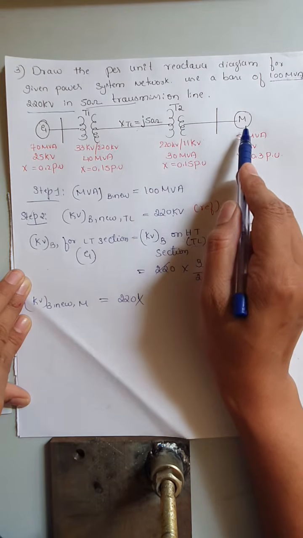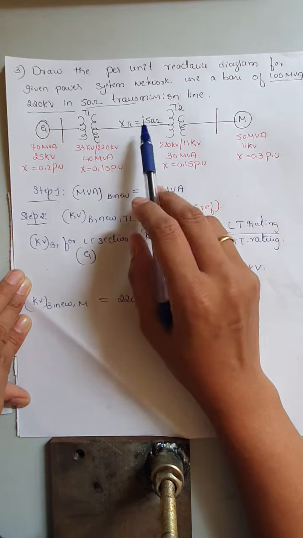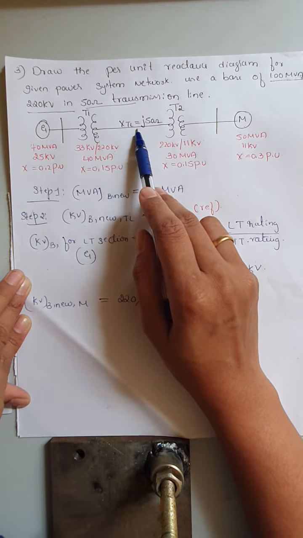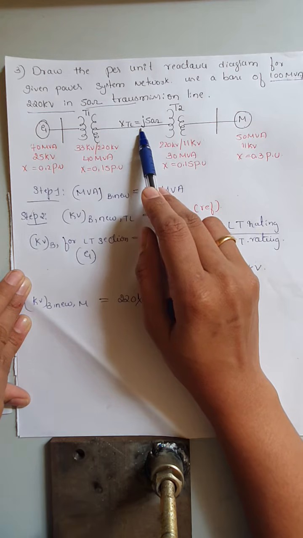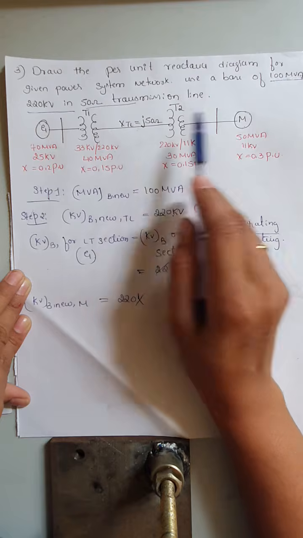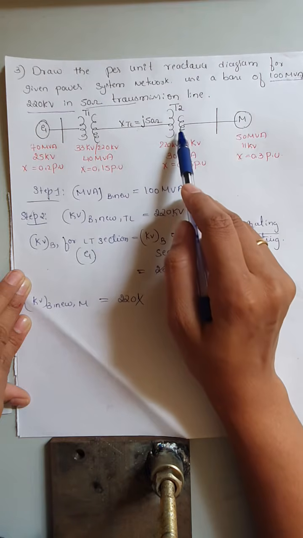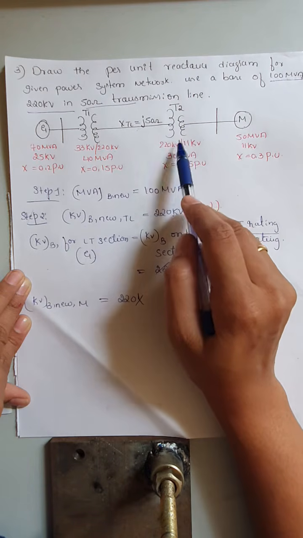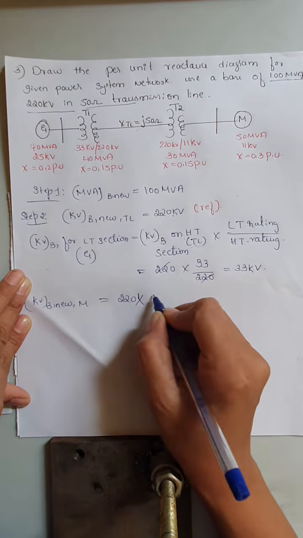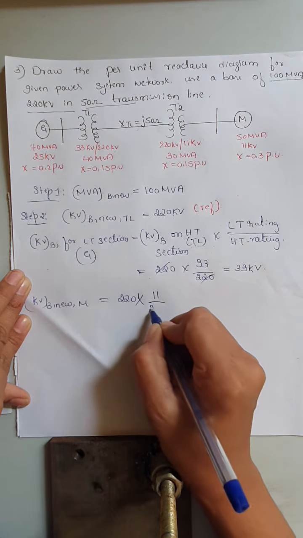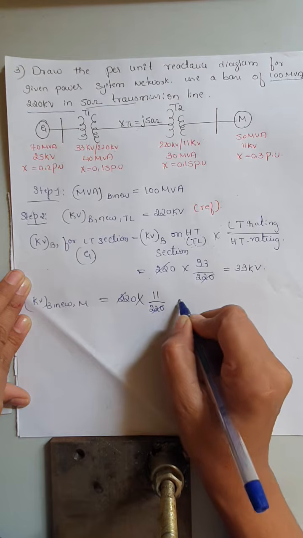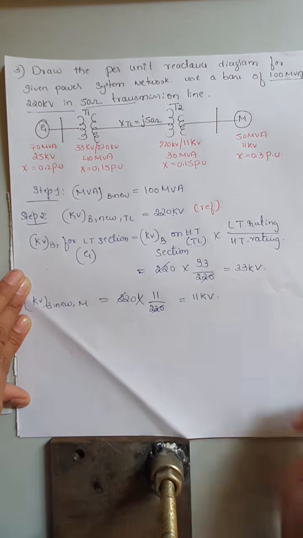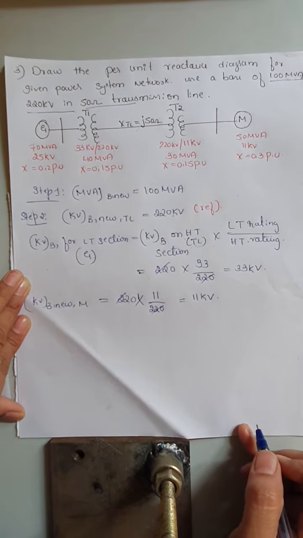Observe here, we have a motor and a transmission line, which we are considering as a reference. In between the transmission line and the motor, the T2 transformer is coming. So that rating you are supposed to write: low voltage is 11 kilovolt, high voltage is 220 kilovolt. Cancelling this we get 11 kilovolt. So this completes step 2.